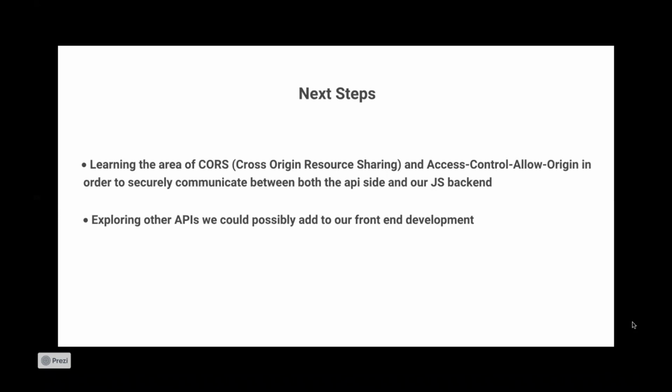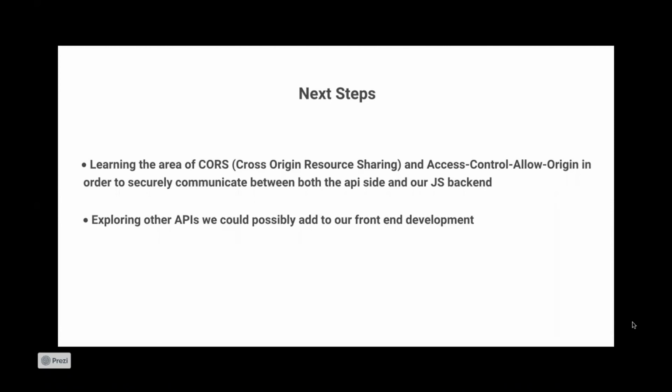So next steps, well, unfortunately, we weren't able to reach our goal of actually getting the emails. A big part of that issue came from cross-origin resource sharing and this aspect of securely going into another API or another browser and getting information from it.